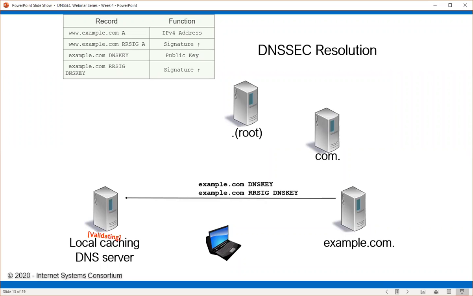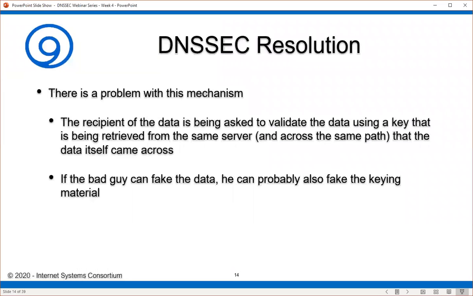We now have the DNS key, which is the public portion of the key that was used to create the signature that we just got. And we have the DNS key signature, which also may have been created with that key. So that's all well and good. And we could go ahead and use that key to prove that the signature is good.